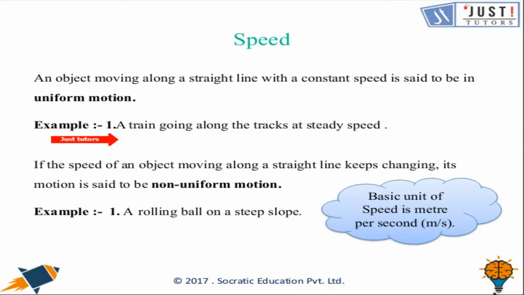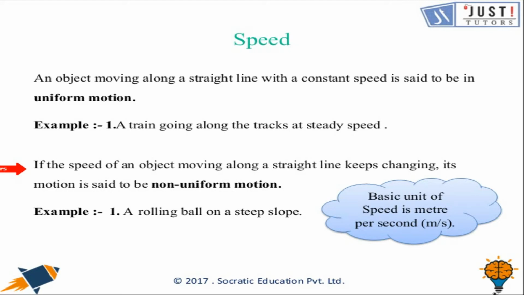Both of these objects are exhibiting uniform motion. Also, if the speed of the object moving along the straight line keeps changing, the body is said to be performing non-uniform motion. One such example would be a rolling ball on a steep slope, or the raindrops when it rains.